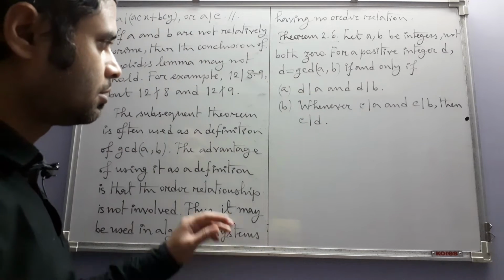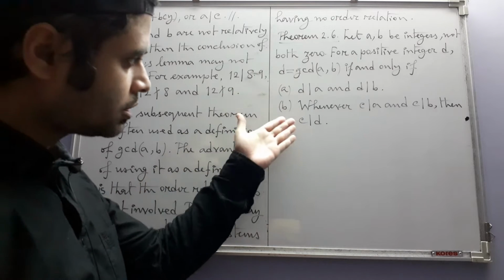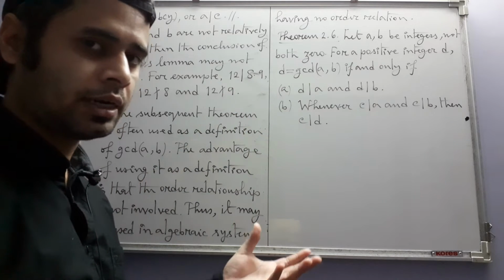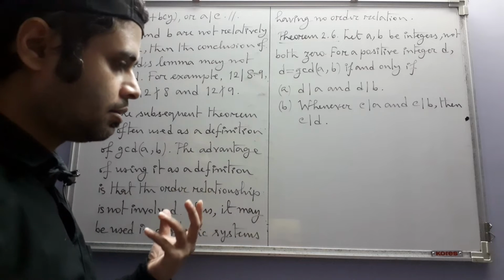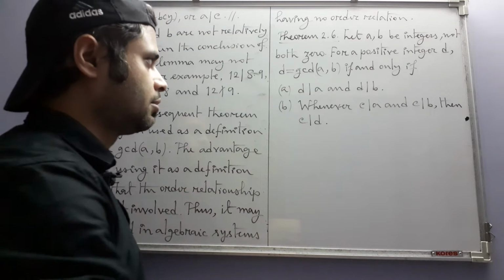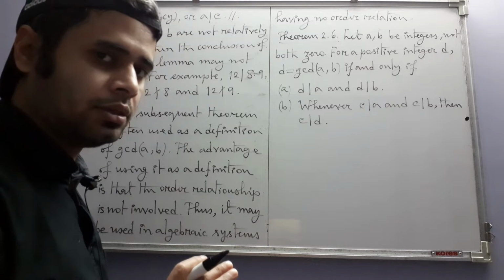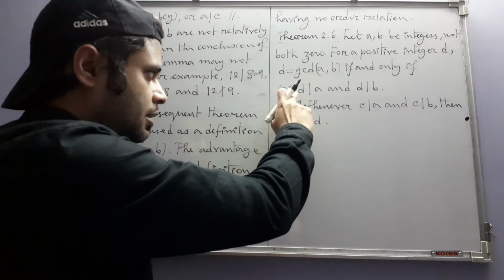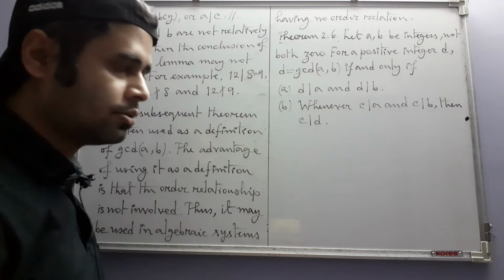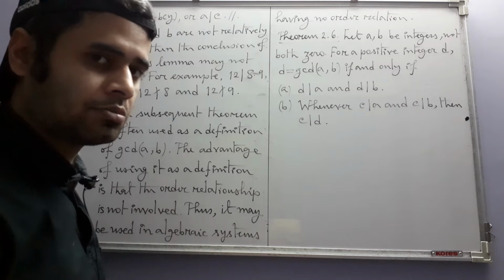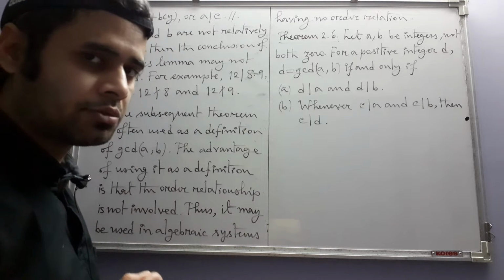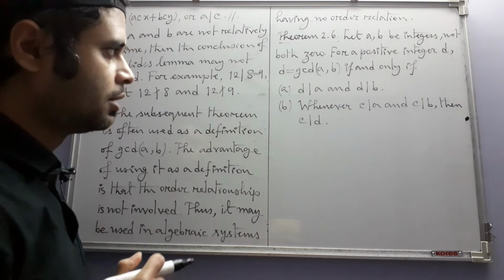That means these conditions themselves can be taken and we can say that the greatest common divisor of a and b is a positive integer such that these two conditions are true. It can now be used as an alternative definition of GCD of a and b.